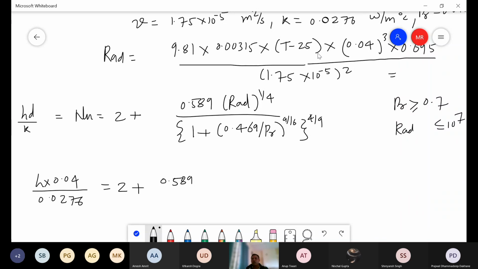If we calculate this entire thing, what we get is 4.48 into 10 raised to the power minus 3 times (T minus 25). This is what we are expected to get. Is it clear to everyone? Remember, in this case T minus 25 is the unknown. All other things we can calculate, so you can represent it in terms of T minus 25. Check whether this is correct.